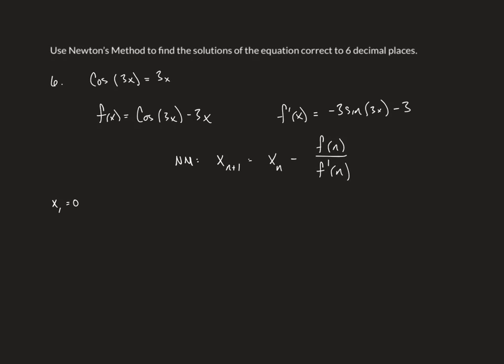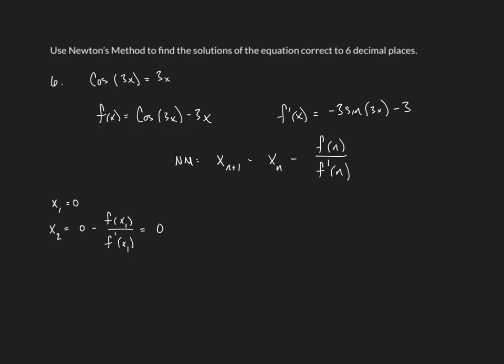All right. So now my second x value is going to be based on that first x value. Right? So what is x of 1? It's x of 0 minus, now I need f of x of 0 and f prime of x of 0. And this is where I'm going to do my calculations here.